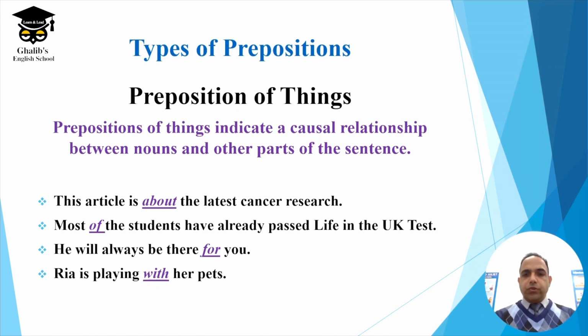So that's your preposition of things. He will always be there for you. He would love to support you throughout, for example, your struggling time or something like that. So he would be there for you all the time. And the next one is Ria is playing with her pets. Ria's got a few pets, so she's playing with them. This kind of preposition we use with things.